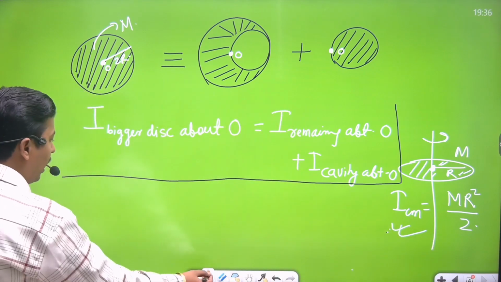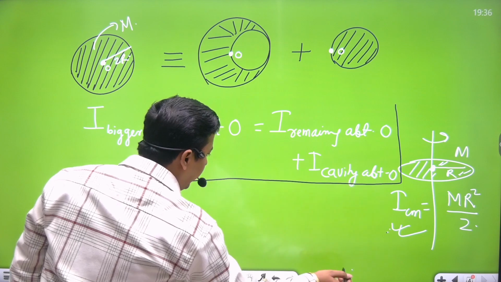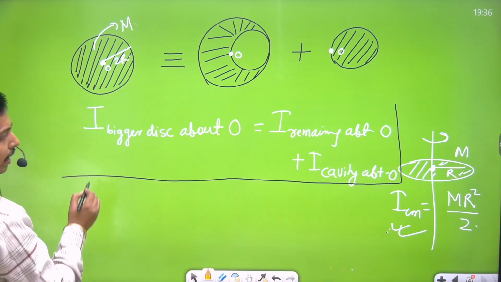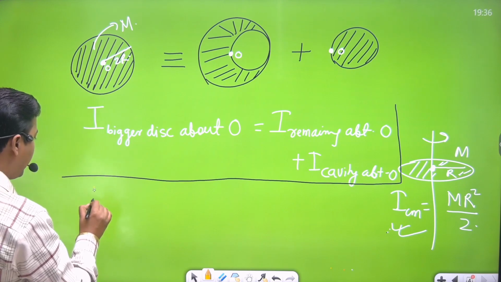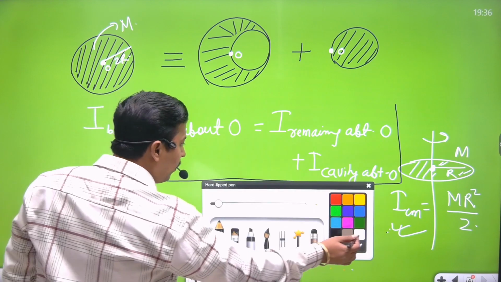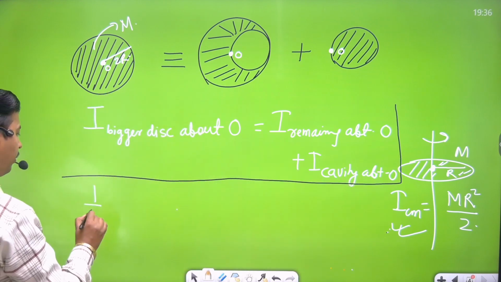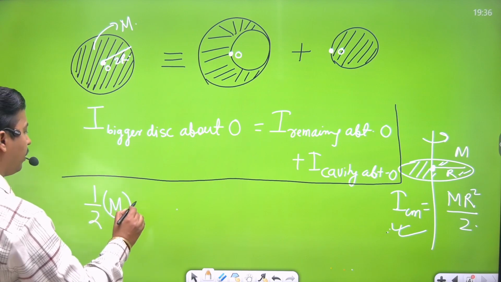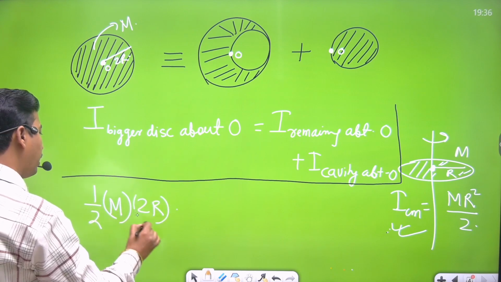So you can just write here, mass is M, half mass is M, and radius is 2r, so (2r) square. Okay.